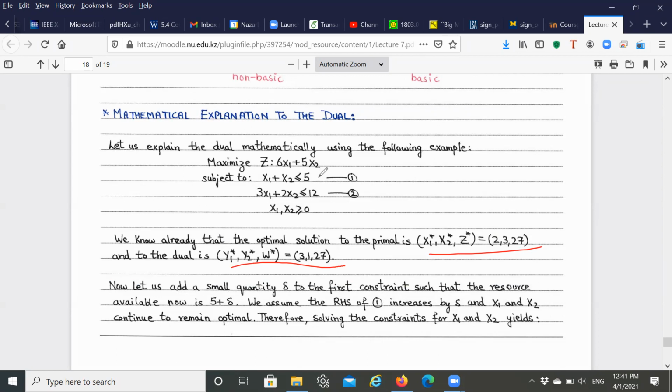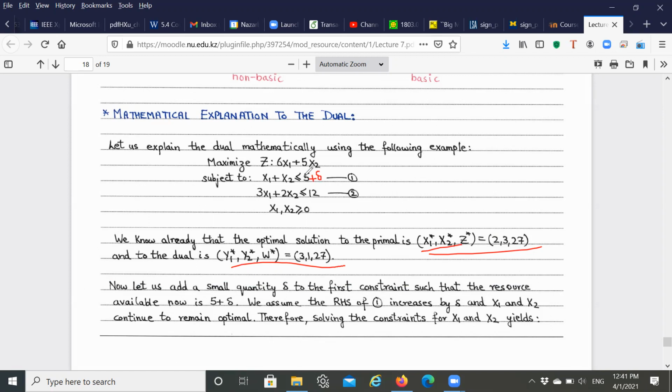Now, I know that X1 and X2, because they are non-negative, 2 and 3, are our basic feasible solutions to this optimal value of C. So there's no value other than X1 and X2 that would maximize the value of C. So this is our optimal solution. Assuming that they remain the basic feasible solution, say that I add some very, very small value, say delta, to the right-hand side of the first constraint.